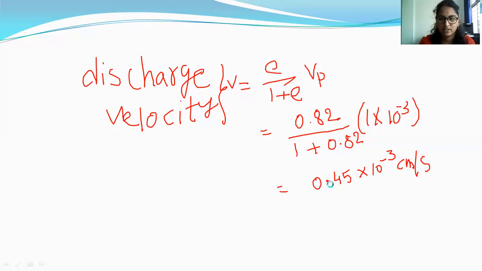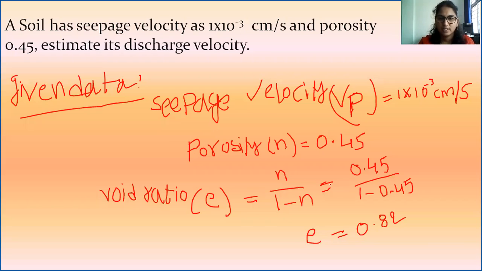So once again, let us repeat this problem. First read the problem. The problem is very easy. Direct values are given. First of all, we should know the seepage velocity abbreviation: V suffix p. We know about discharge velocity, but we don't know what seepage velocity is.